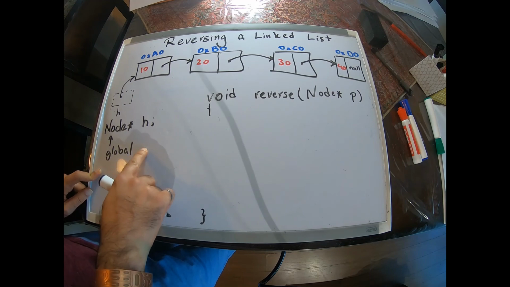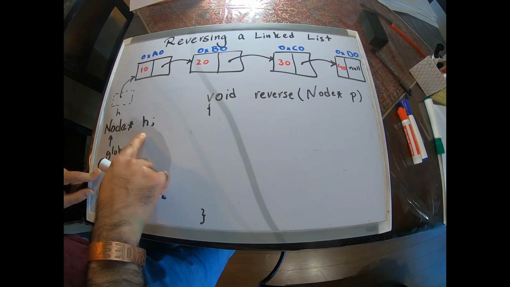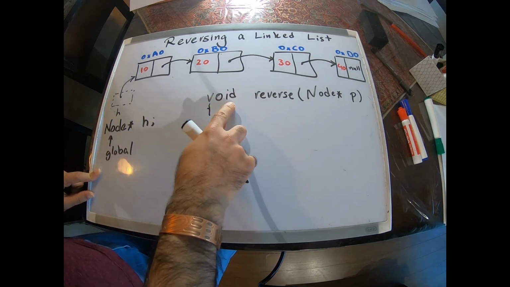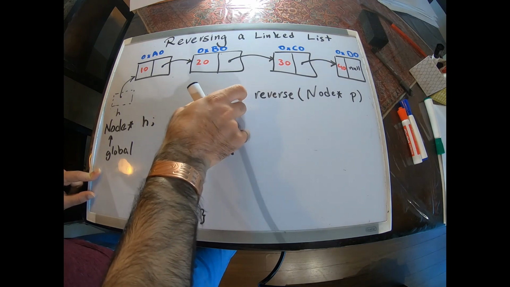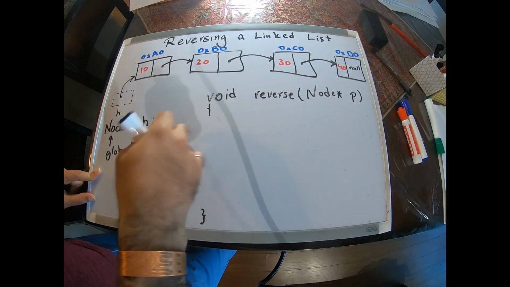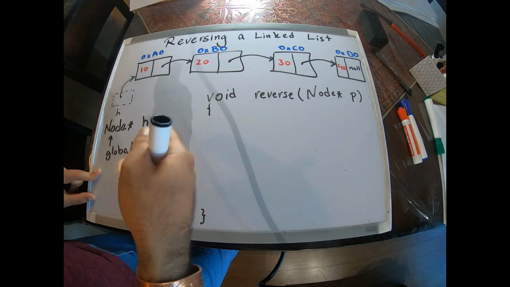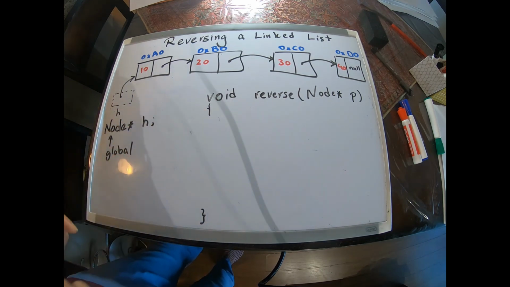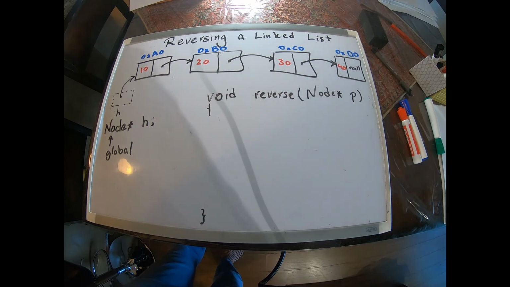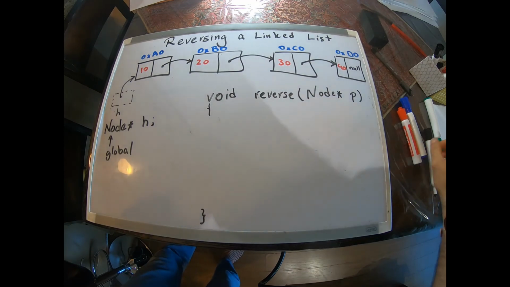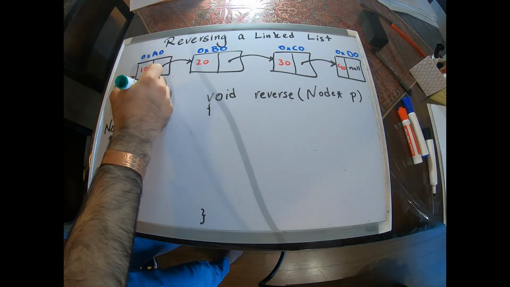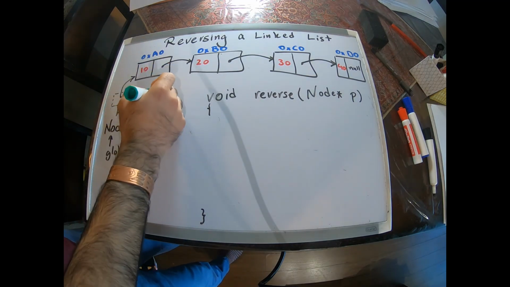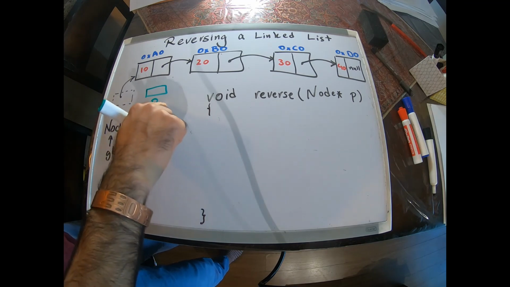If it was not a global variable, then I had to return the final head pointer. In the non-recursive method that I'm going to write a function for, I'm going to do it differently so that you see both versions.